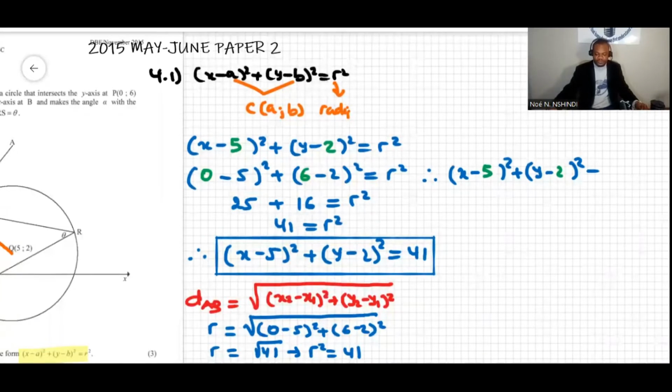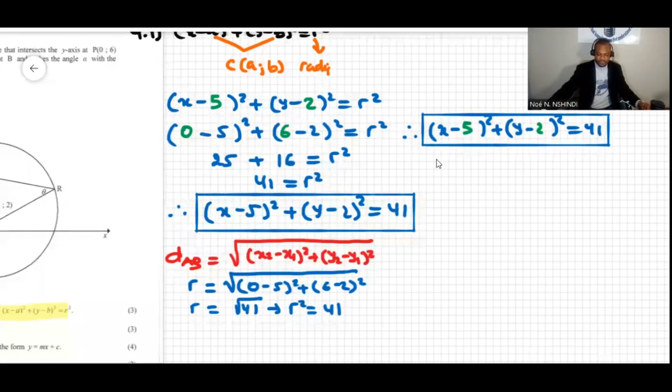So that's the equation of the circle. These are the two different ways we can solve the same problem. Then the following question says, because of space, I think I should write this over here.